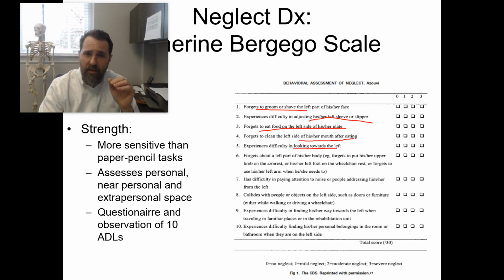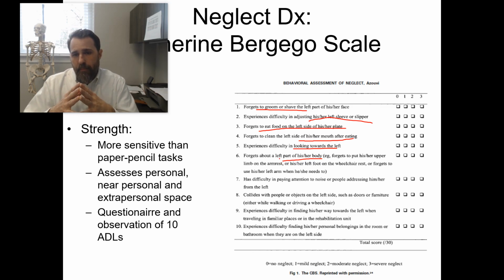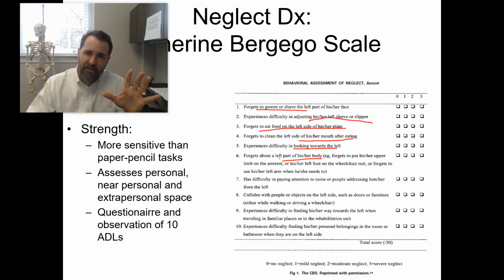Can they look toward the left? Do they forget about body parts at times? This gives you a very strong indication of the presence or absence of neglect, and it probably gives you a good idea of where within their attentional field the neglect is strongest or weakest.